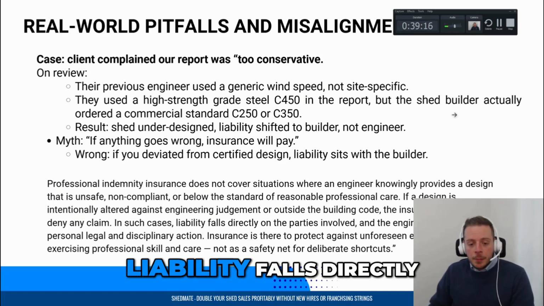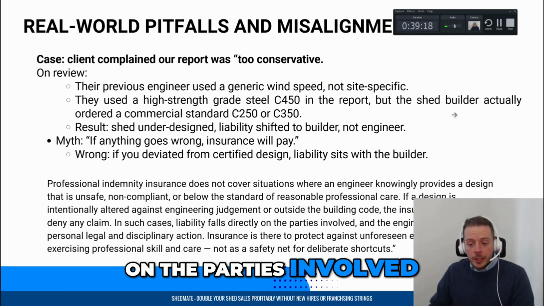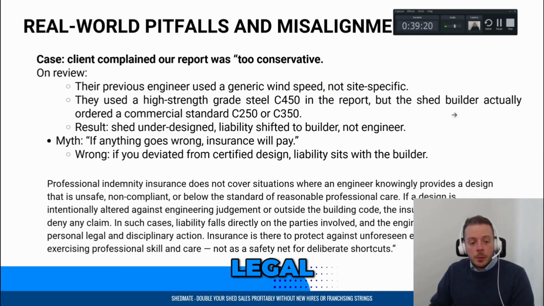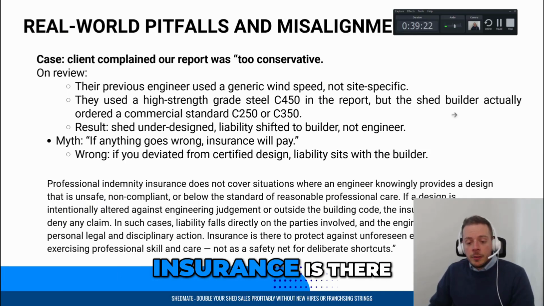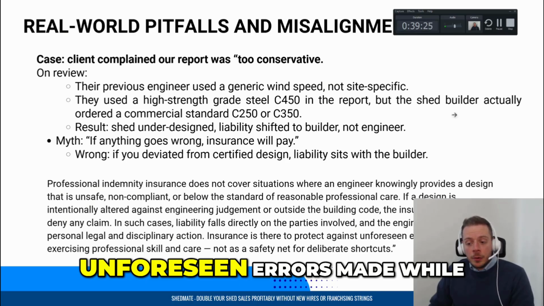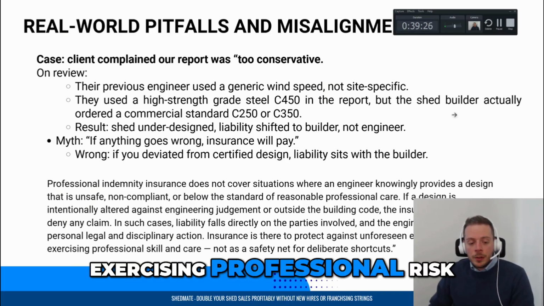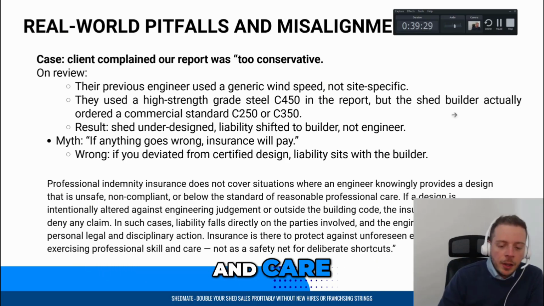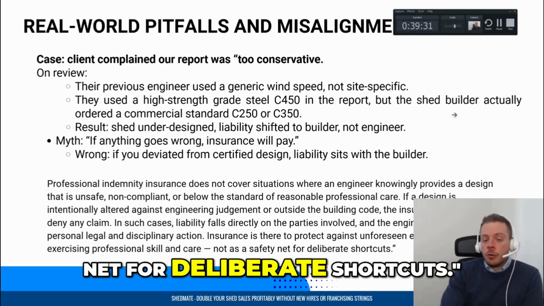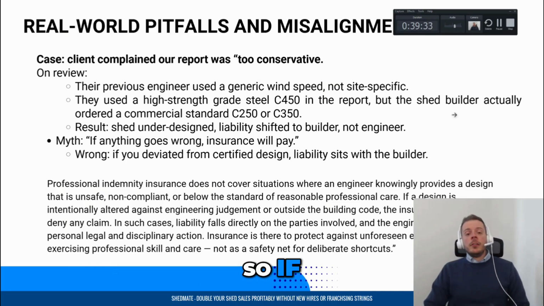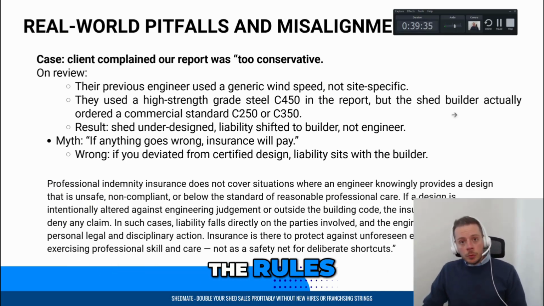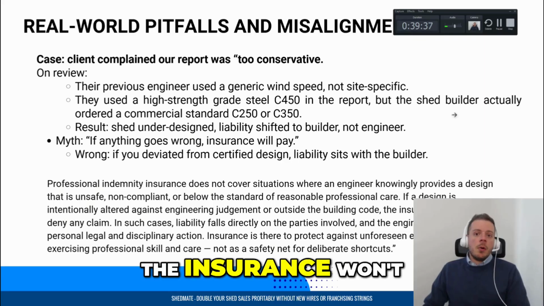In such cases, liability falls directly on the parties involved, and the engineer may also face personal, legal, and disciplinary action. Insurance is there to protect against unforeseen errors made while exercising professional risk, skill, and care, not as a safety net for deliberate shortcuts. So, if the engineer is not following the rules, the insurance won't cover it.